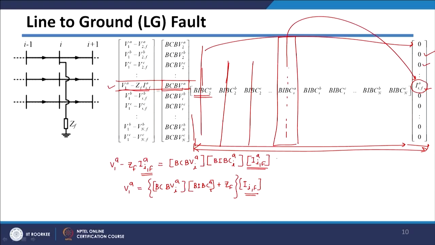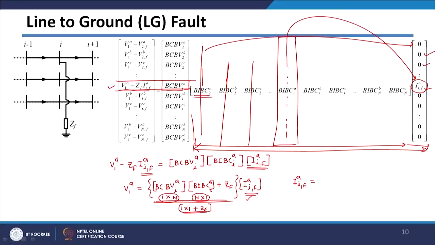And as I told you, we are interested in getting the values of the fault current. Since it is only one entry, I can just write the fault current of A phase will be equal to V1A divided by the inverse of this. Again this will be only one entry, because this is a 1 by n matrix and this is an n by 1 matrix. Multiplying 1 by n with n by 1 gives a 1 by 1 entry, plus ZF, also a single term, the fault impedance.